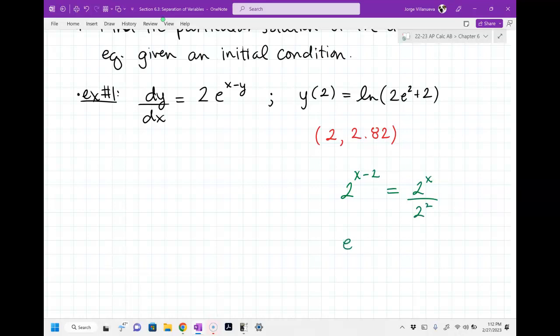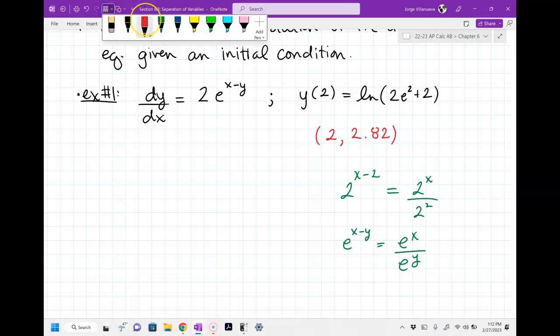So e to the x minus y would be e to the x over e to the y. Now, if it was addition, that means it's multiplication, right? But division is subtraction. So let's rewrite that. Because or else you can't really separate variables on this one. They're kind of stuck together as a power. So we got to rewrite them.